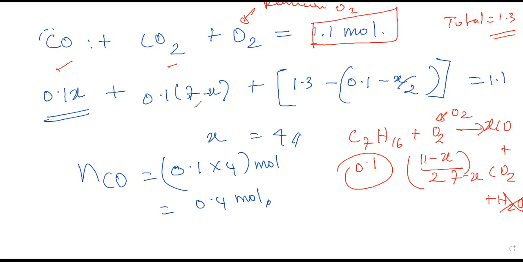So by substituting into that equation, you can find the x value. And directly we said the carbon monoxide moles is 0.1x. Therefore, once you substitute, you can find the moles of carbon monoxide. Hopefully, guys, you all understood.